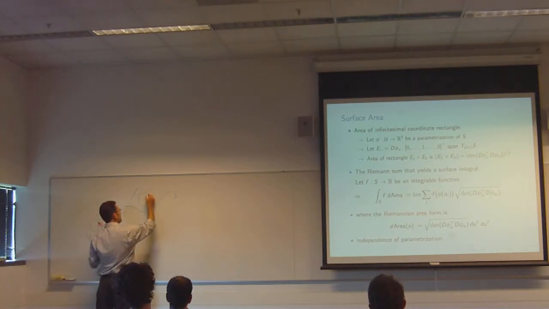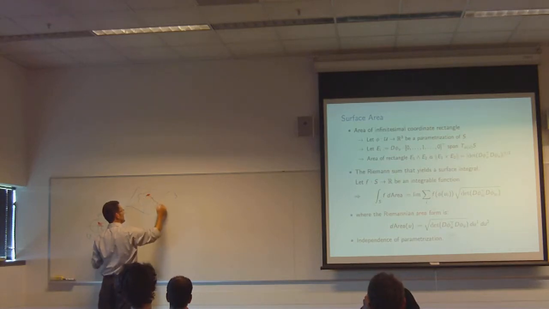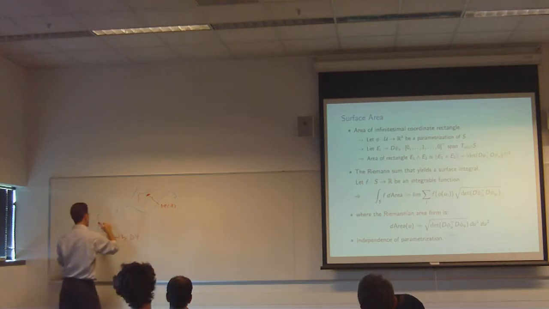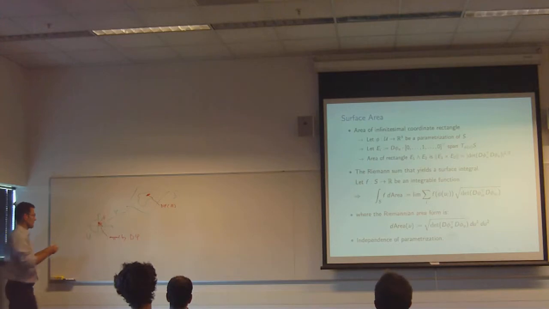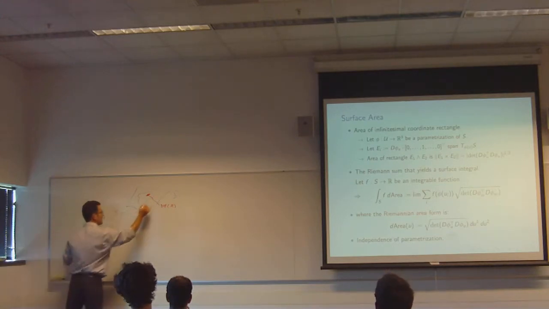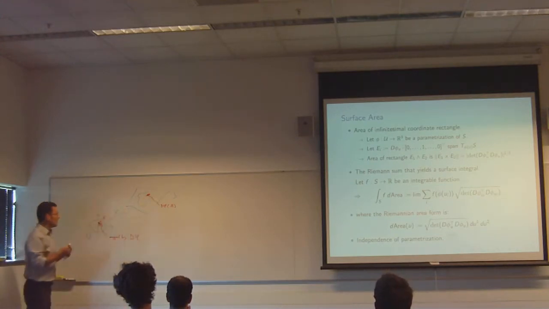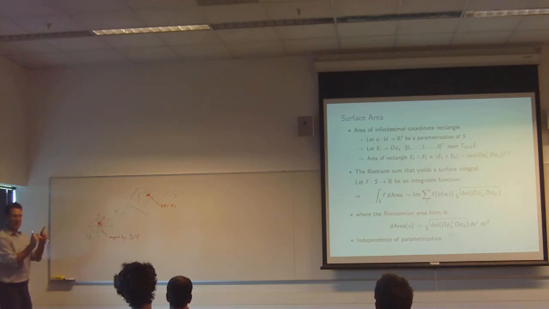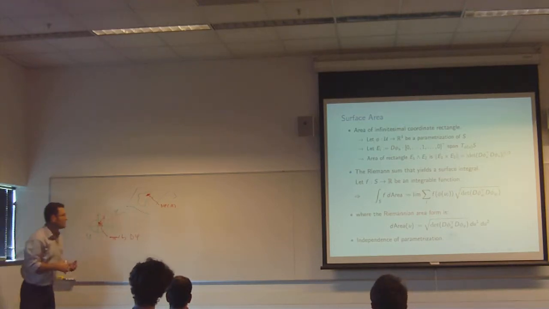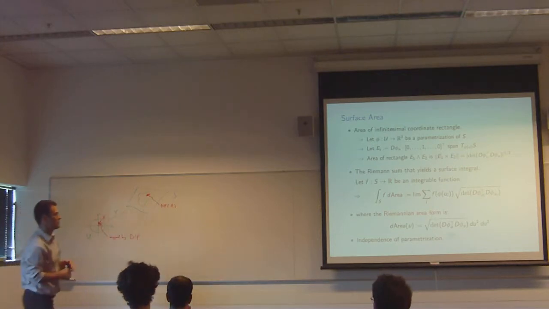So you end up with some sort of lozenge type shape over here, a deformed rectangle. This is d phi of r, for small rectangle. So a square rectangle gets mapped to a deformed rectangle, or a deformed parallelepiped, a lozenge.